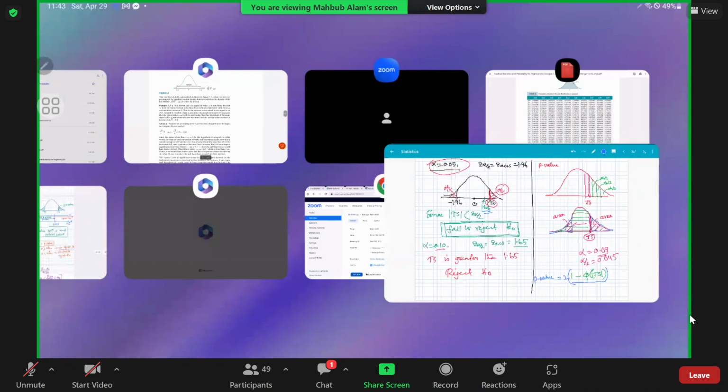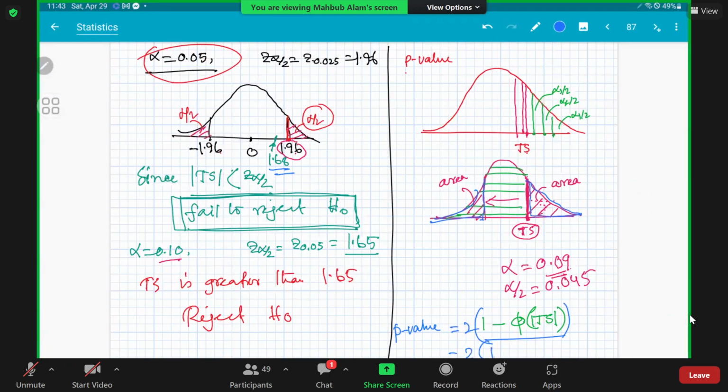So it will be 2 into 1 minus 0.953, or 0.954, you can say, considering the next digit is 5, then we get 2 into 0.046, which is equal to 0.092.